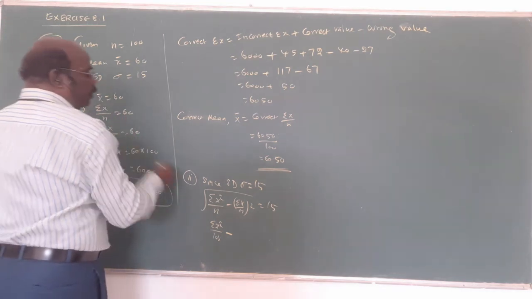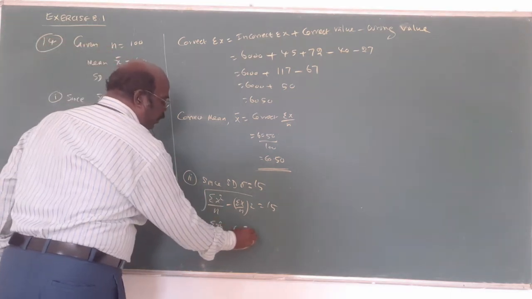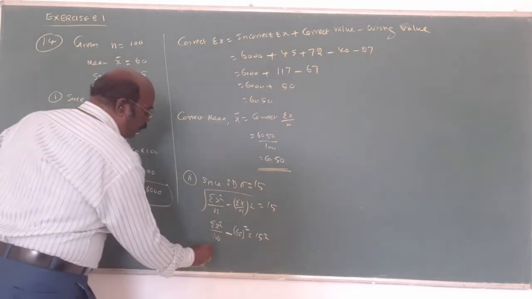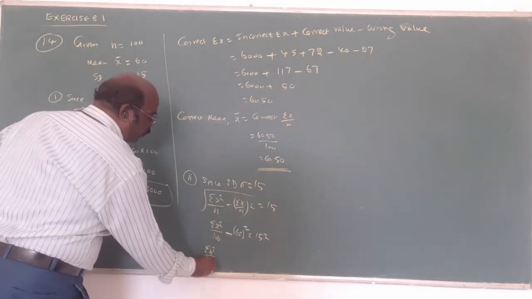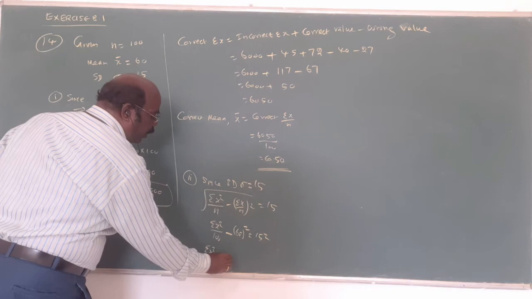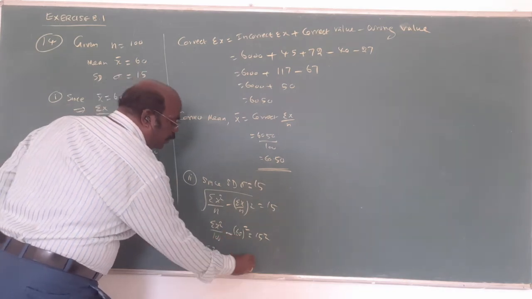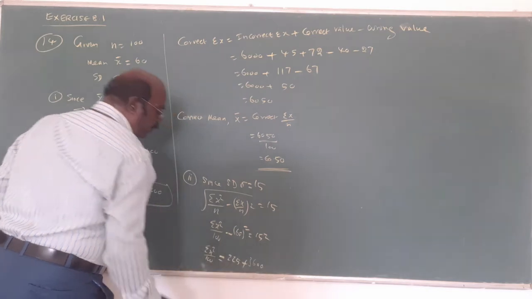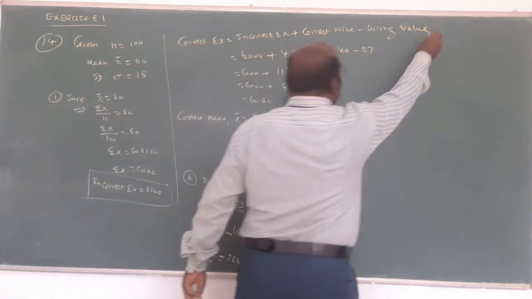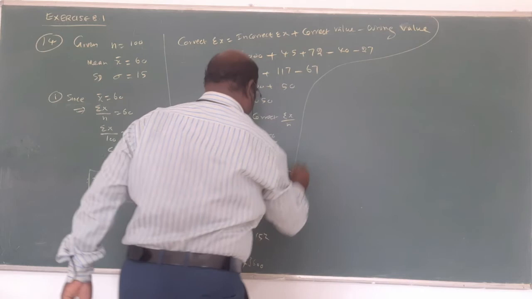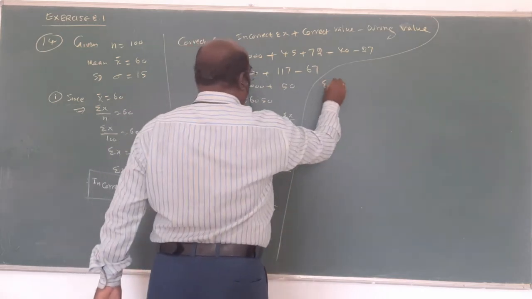Sigma x by n, 60 square. Therefore, sigma x square by n equals 15 square, which is 225, plus 3600. So sigma x square equals, adding what?